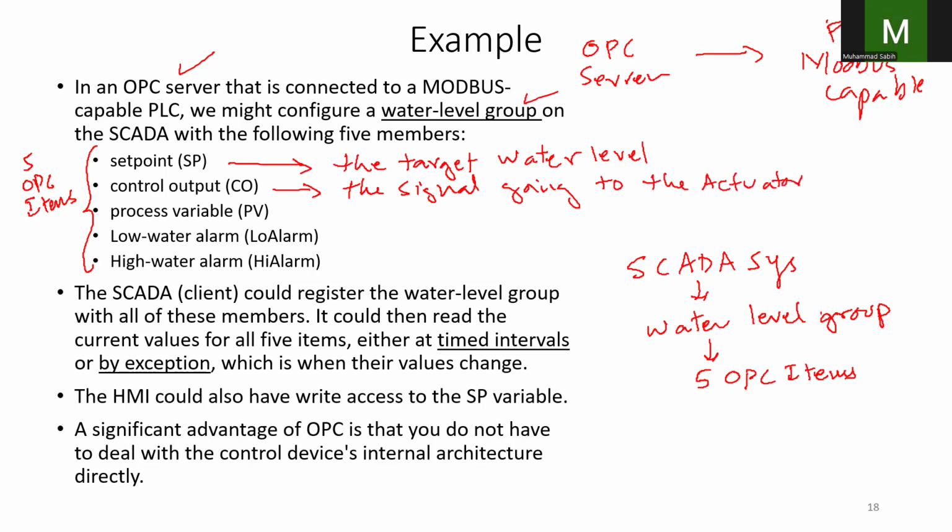Okay, and then we have the process variable. The process variable is in fact the actual water level. And then we have the low water alarm and the high water alarm. Okay, so these are 2 alarms.